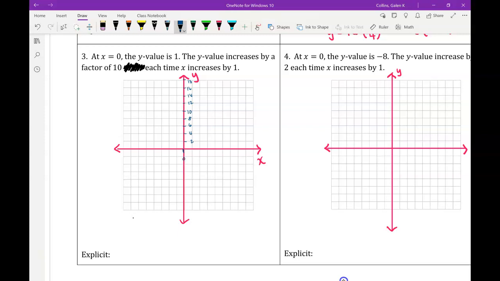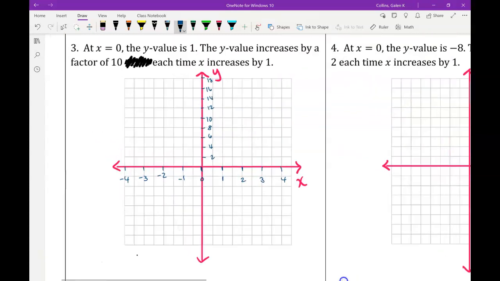So I'm going to go from 0, I'm going to skip over 2 spaces and call this 1. Skip over 2 spaces, call this 2, 3, 4. Going to the left of 0, -1, -2, oops, yeah, -3, -4.